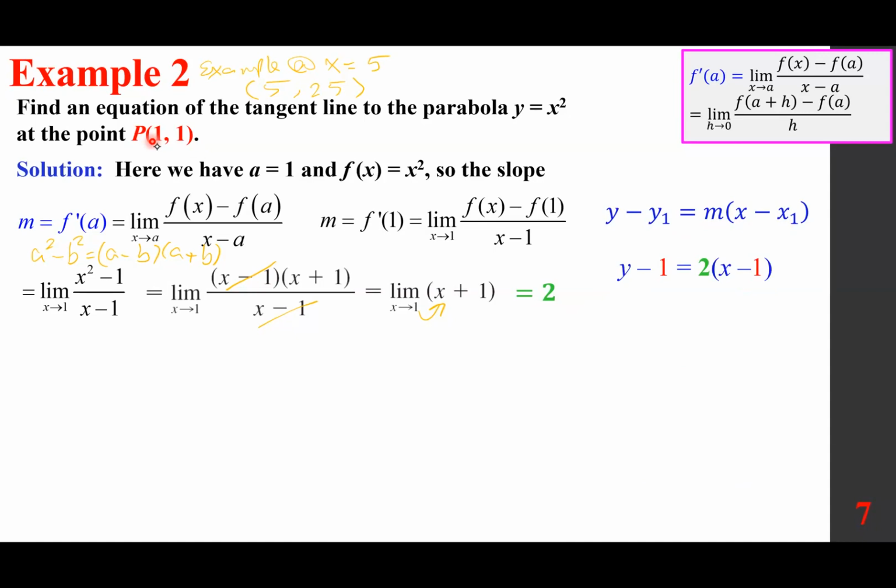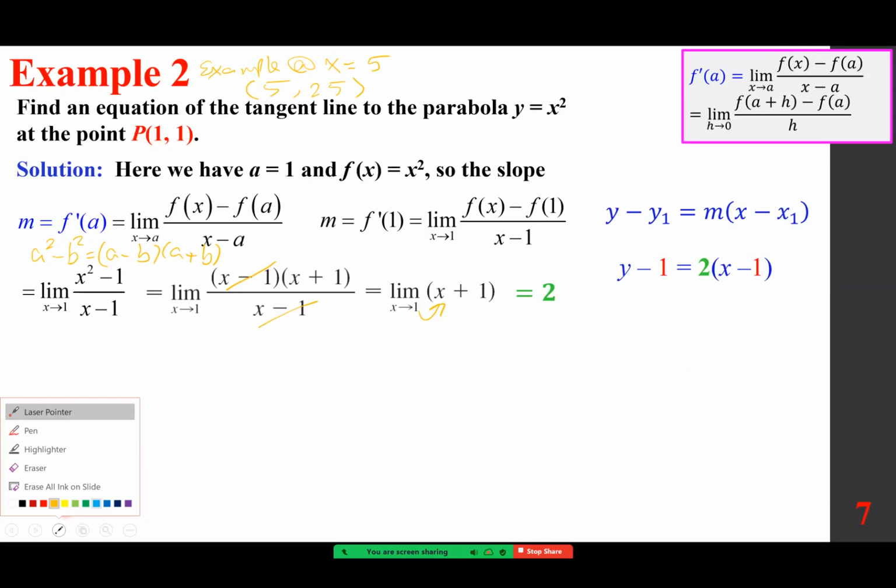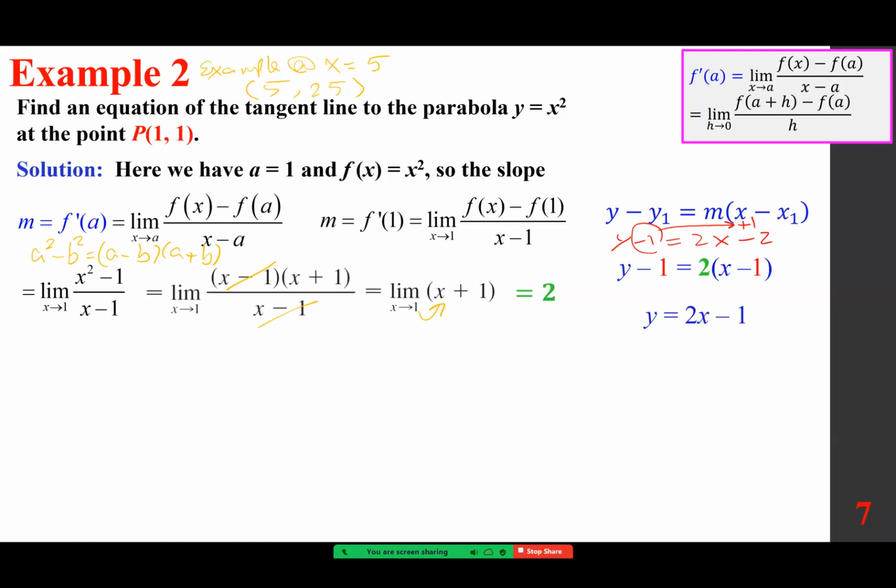It's the same thing. Right now you have y minus 1 equals 2x minus 2. If you move it, the negative 1 becomes positive 1, and y equals 2x minus 1 is the final answer.